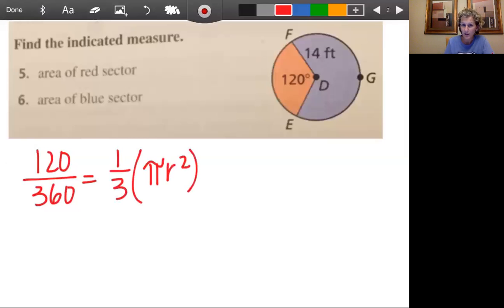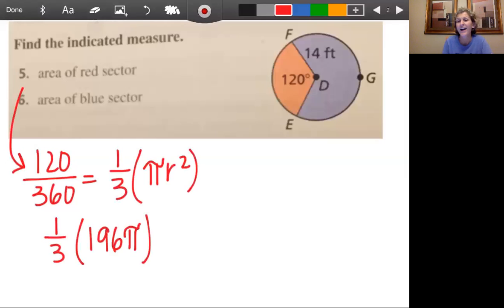So the area of the red part will be 1/3 of pi r squared, where the radius is 14. Let's just verify that 14 times 14 is 196. So it would be 1/3 of 196 pi. Another way to write that is 196 pi over 3.